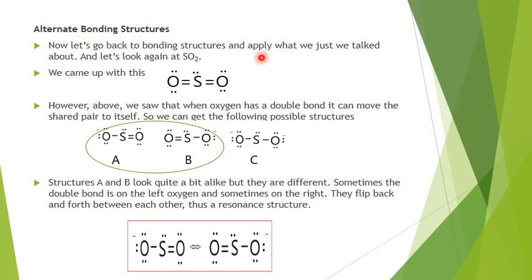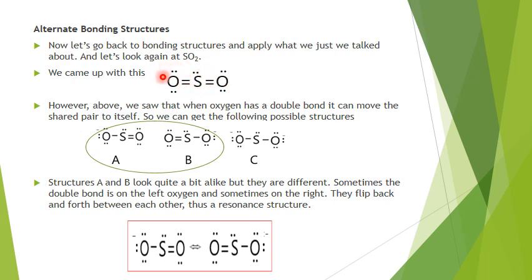Let's go back to SO2, sulfur dioxide, and we came up with this structure right here. What I showed a couple slides ago is that if you have a double bonded oxygen, one of those bonds, which is pi, can come out and form a lone pair. So you can get other structures. This isn't the only structure you can get.